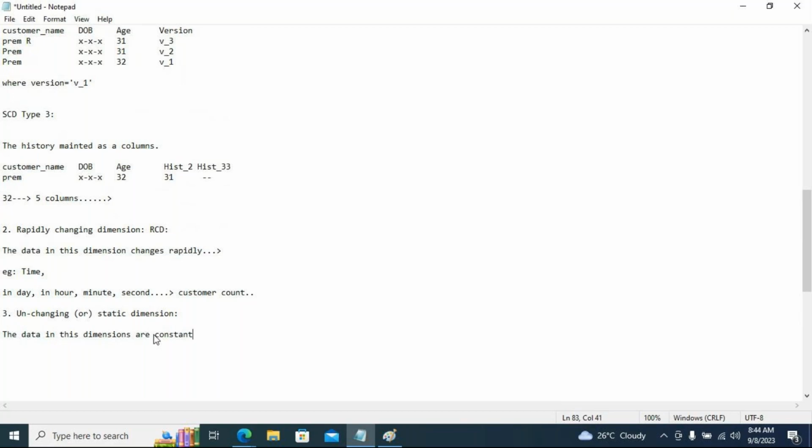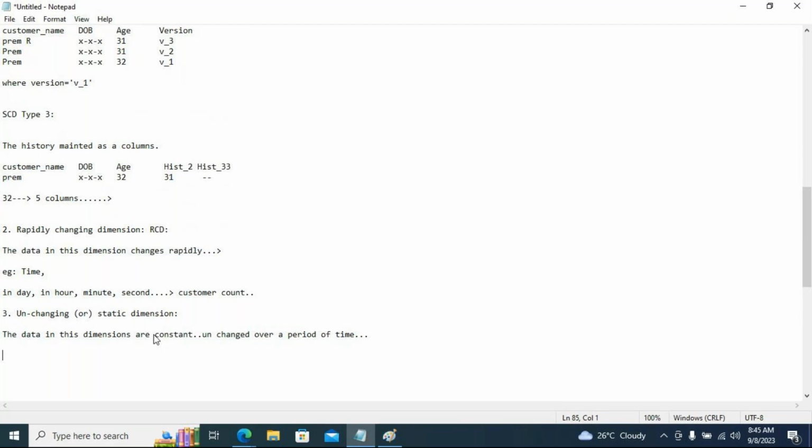I mean, it does not support change. The data in this dimension is constant, so it is unchanged over a period of time. On time basis, or on any other dependencies, the data cannot be changed.